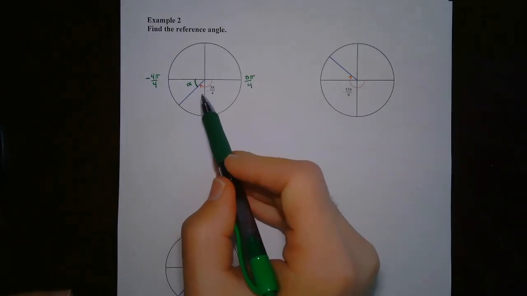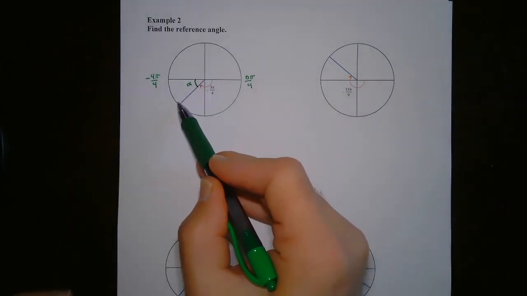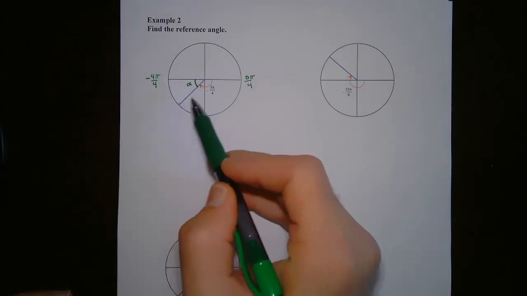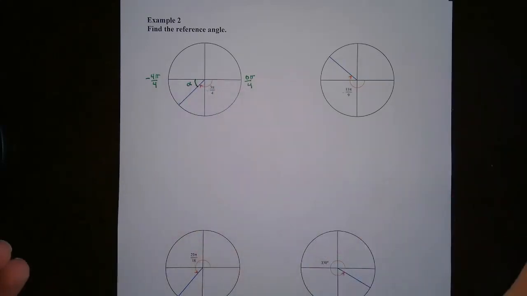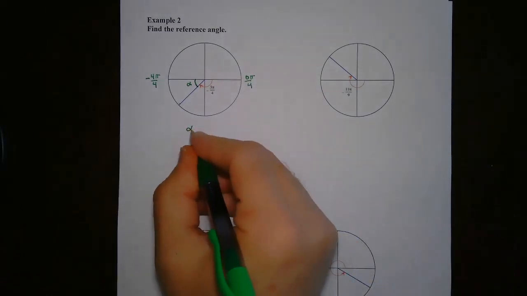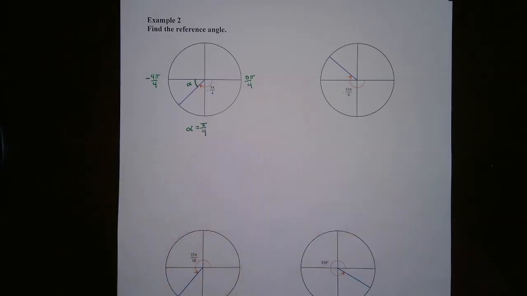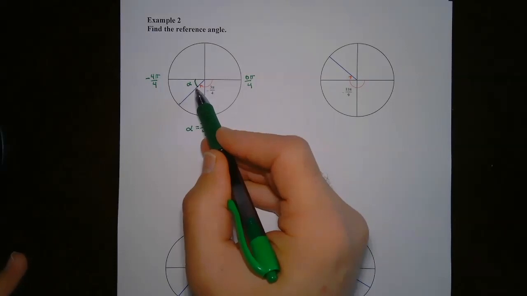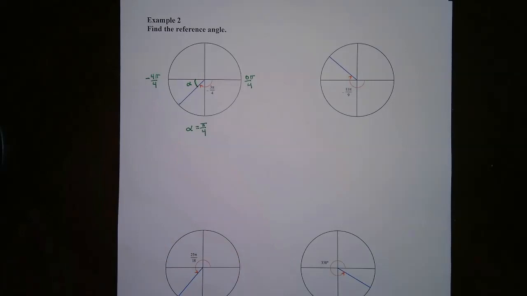If I'm at negative 3 pi over 4, how much more rotation would I need to get to negative 4 pi over 4? Well, I would need to rotate another pi over 4, and that's my reference angle. So for this problem, my reference angle alpha is pi over 4. Because I'm at negative 3 pi over 4, I need to rotate another pi over 4 to get to the x-axis, to get to negative 4 pi over 4.